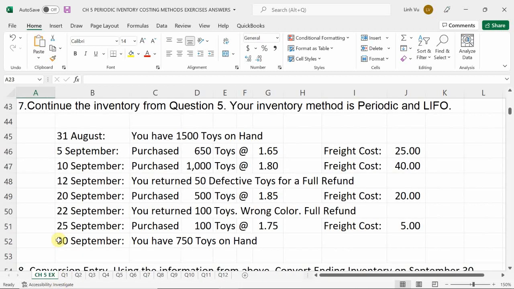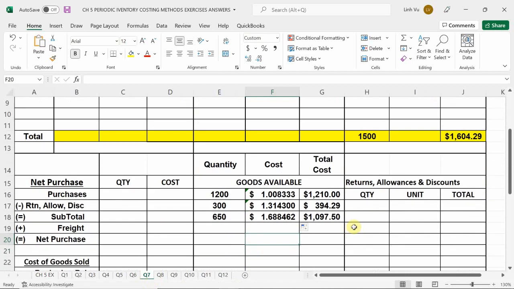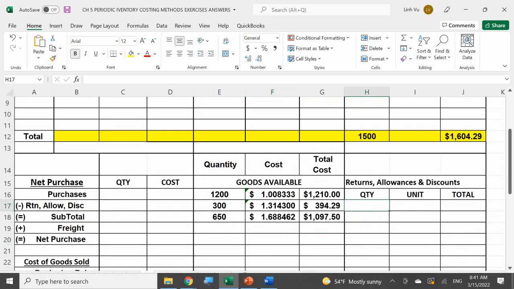Next was September 12th. You end up returning 50 defective toys for a full refund. In this purchase returns and allowances section, we are returning 50 toys.